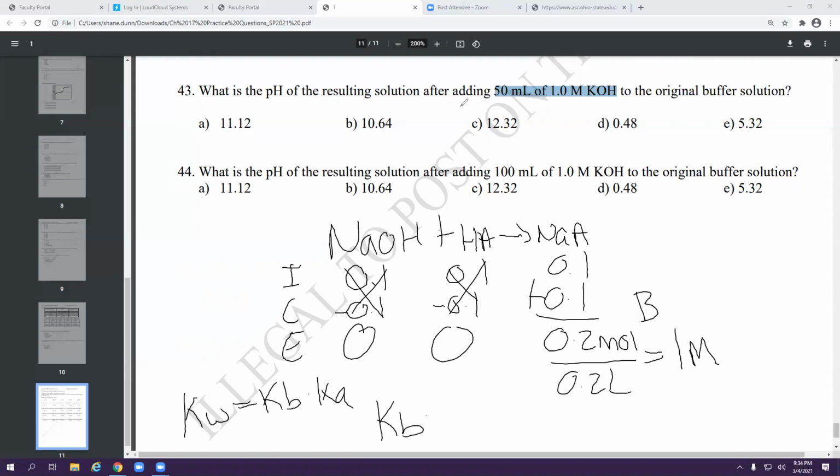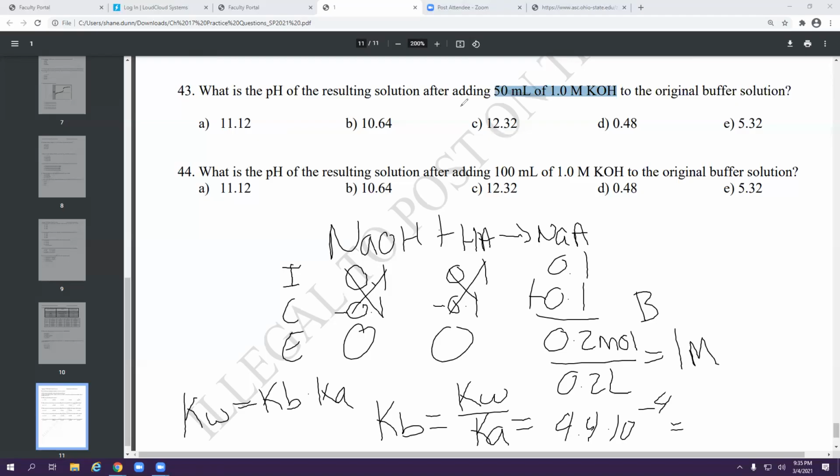So Kb is equal to Kw over Ka, which is equal to 1 times 10 to the negative 14th divided by 2.27 times 10 to the negative 11th, which is 4.4 times 10 to the negative 4th.